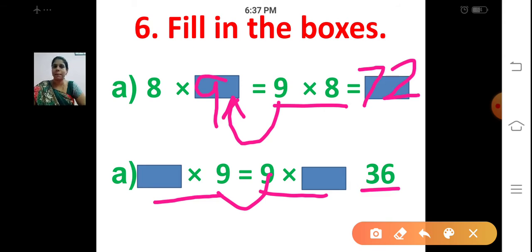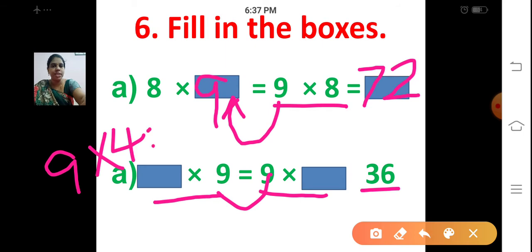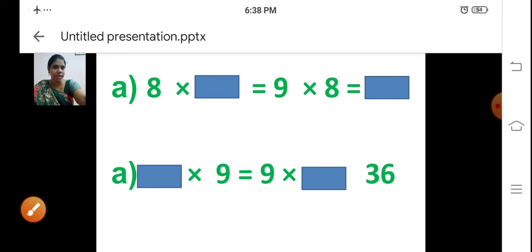Just say the 9 table. 9 ones are 9, 9 twos are 18, 9 threes are 27, 9 fours are 36, isn't it? So with 9, we should multiply 4. 9 into 4, right? Shall we write 4 here?